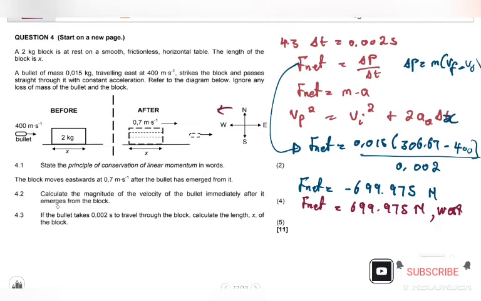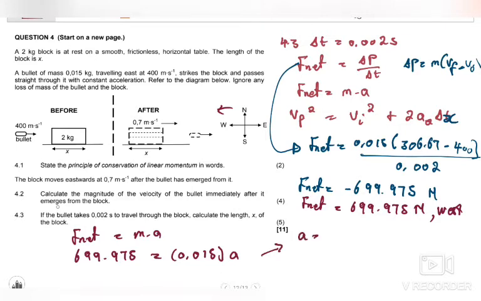Then to calculate the acceleration, we say F net is equal to ma. So 699.975 is equal to the mass, 0.015, multiplied by acceleration. So acceleration is going to be 699.975 divided by 0.015.